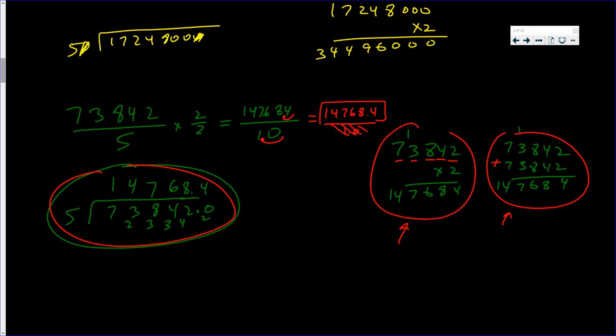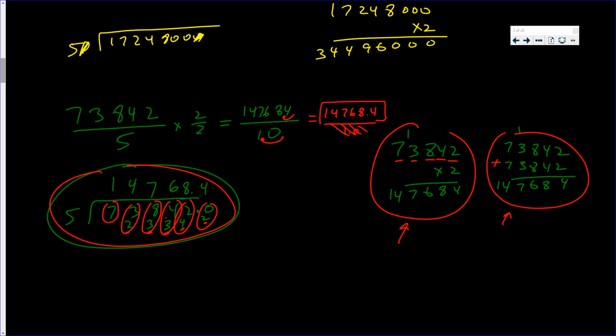I had to know how many times 5 went into 7 and what was left over, and how many times 5 went into 23 and what was left over, and 5 into 33, 5 into 34, 5 into 42, and then 5 into 20.